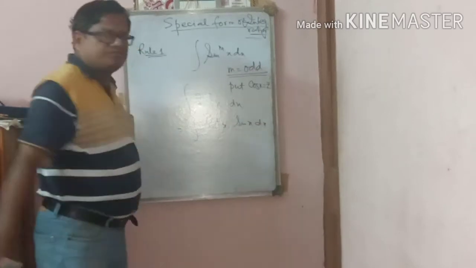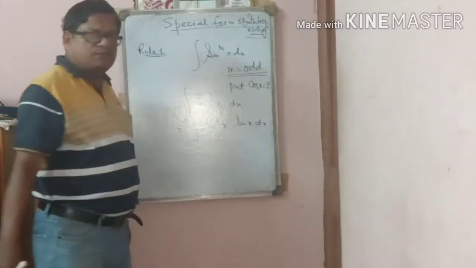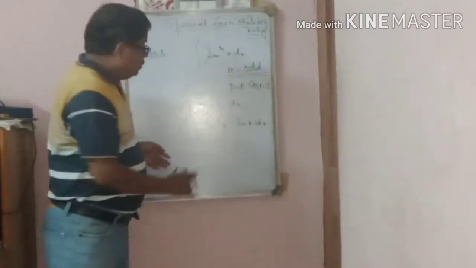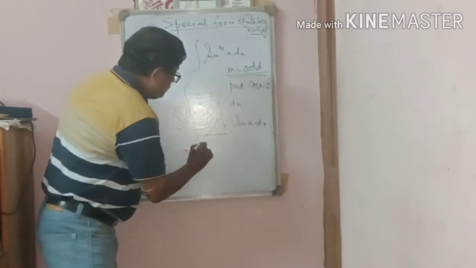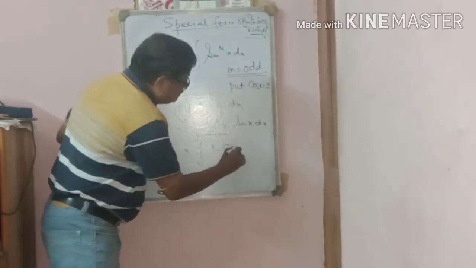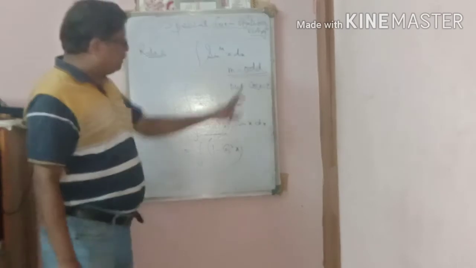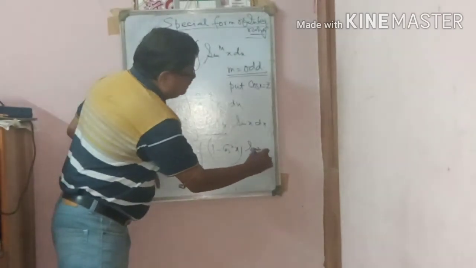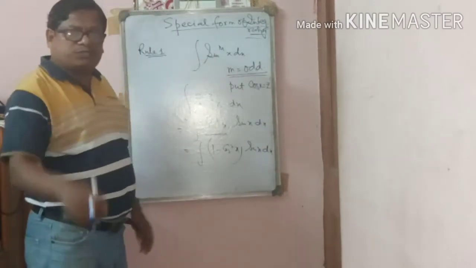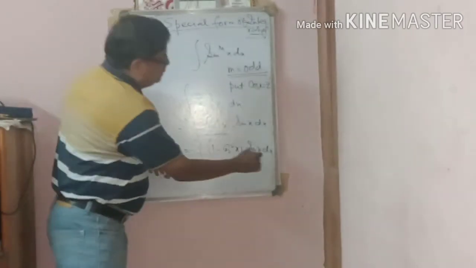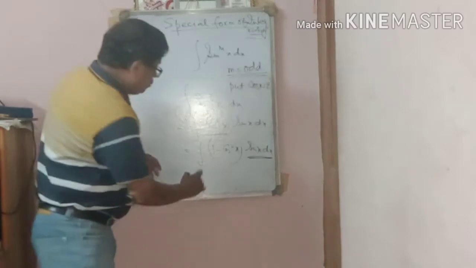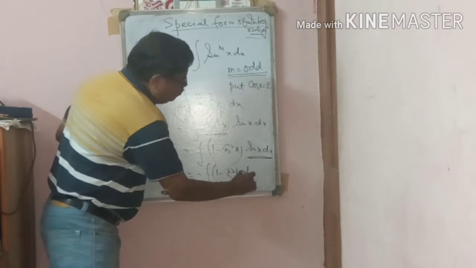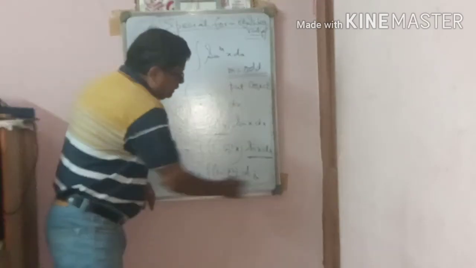This sin square x we can write as 1 minus cos square x. Now you are getting cos x. So with sin x dx, now put cos x equal to z, so this part will be minus dz. So write minus (1 minus z square) dz. Now you can get the result.